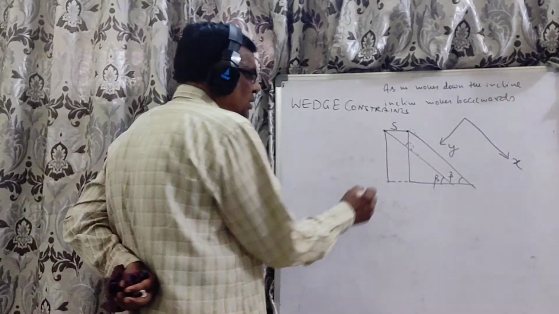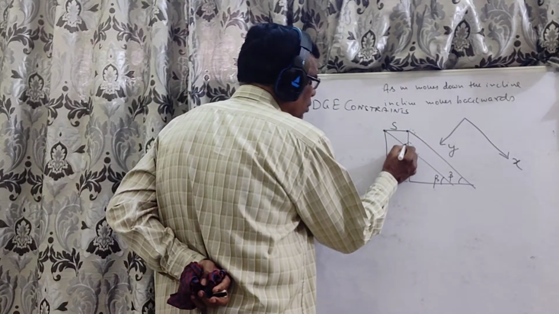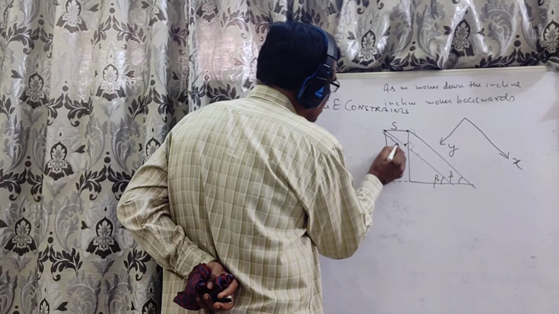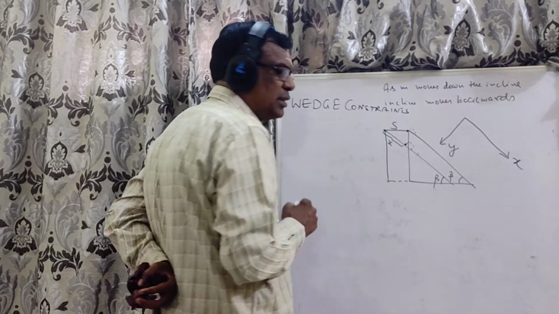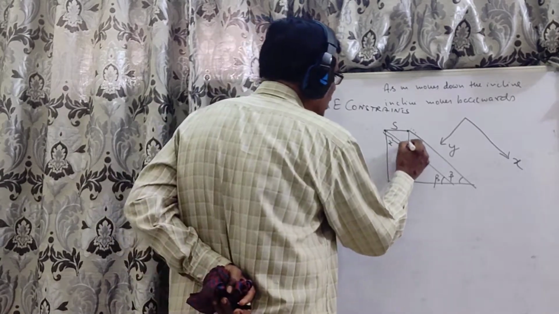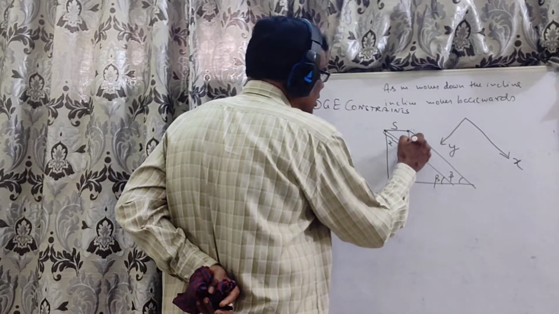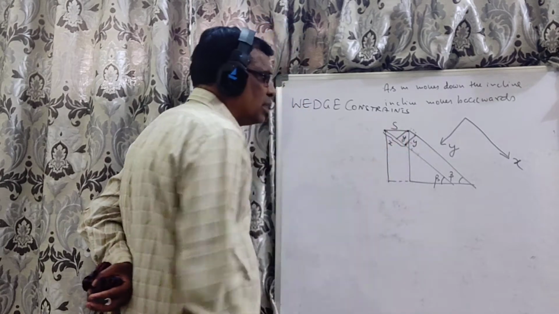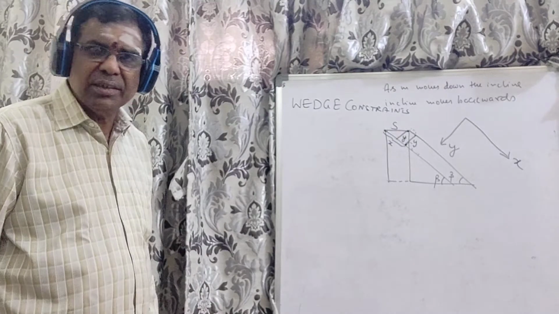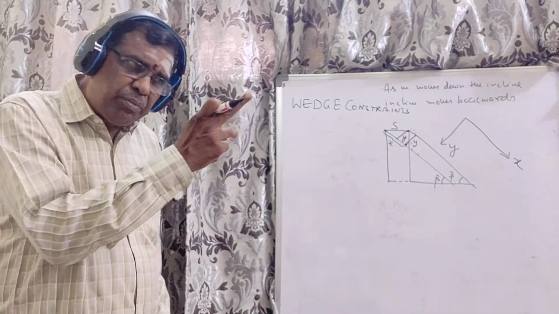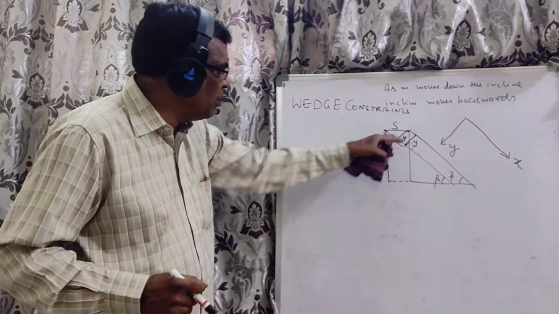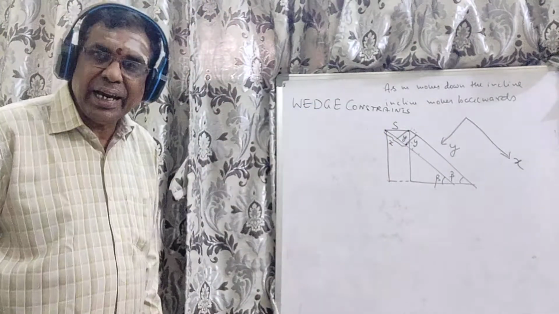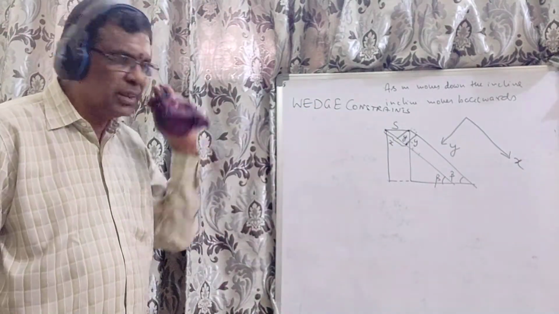Yes, this is where it has come. As far as x is concerned, this is x. What is y? This is y, or this is y. Both are the same, isn't it? So perpendicular to the incline it has moved by y, and parallel to the incline it has moved by x. This is how it has moved.